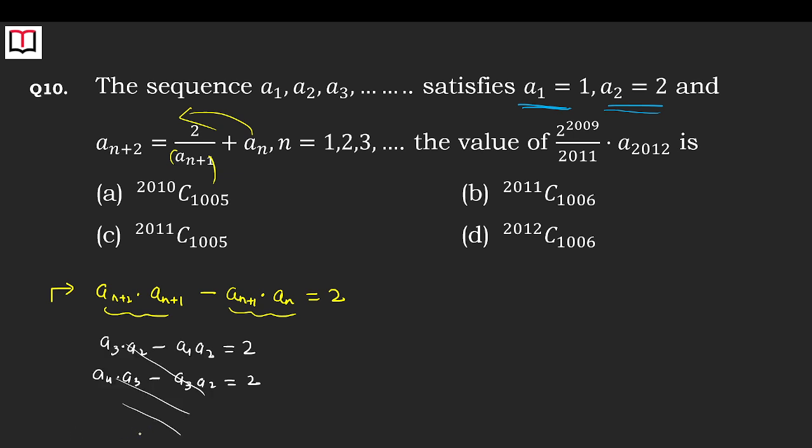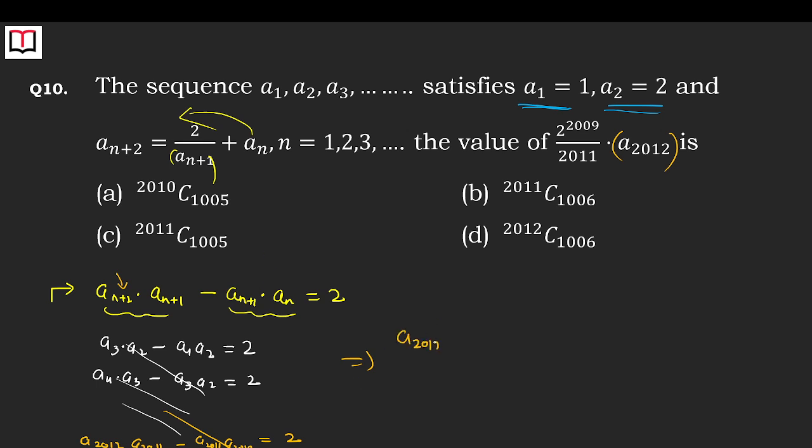I have to get a 2012 here, so n plus 2 has to be 2012, so n should be 2010. So a 2012 into a 2011 minus a 2011 a 2010 should be 2 here, and this last term will also get cancelled.